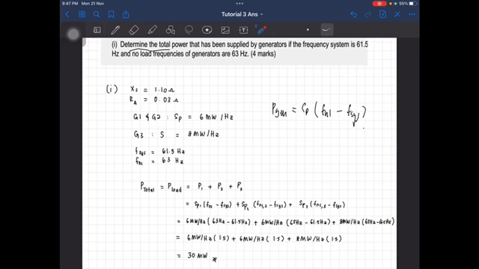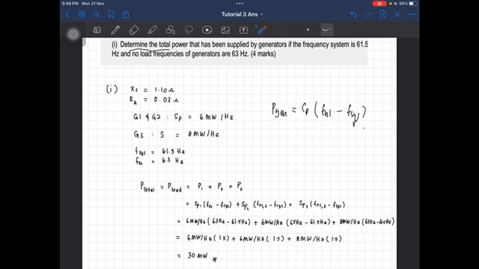So SP1 times FNL1 minus F system plus SP2 times FNL2 minus F system plus SP3 times FNL3 minus F system.